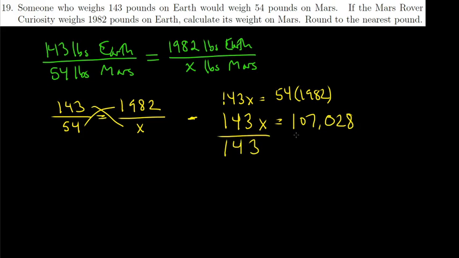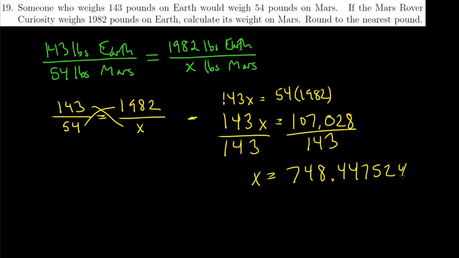So just divide by 143. And again, I cannot do that in my head, so just use a calculator. And I come up with 748.4475244... Anyways, it doesn't matter because the directions specifically say to round to the nearest pound, right?